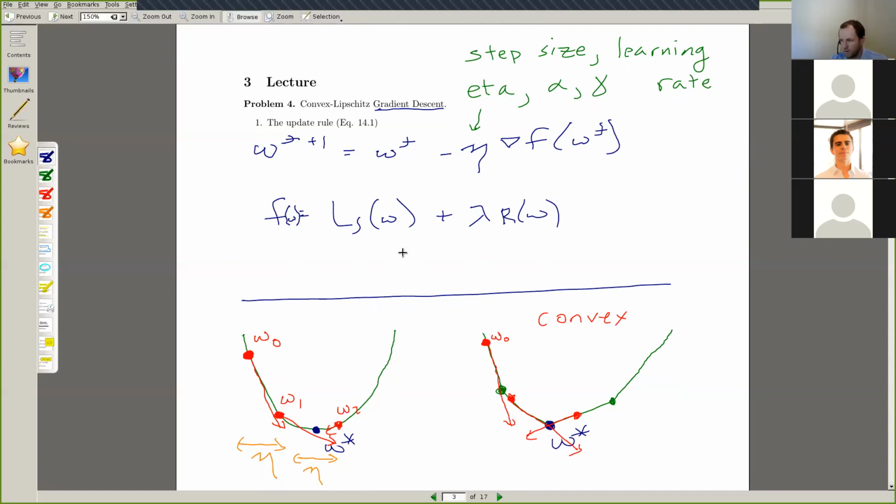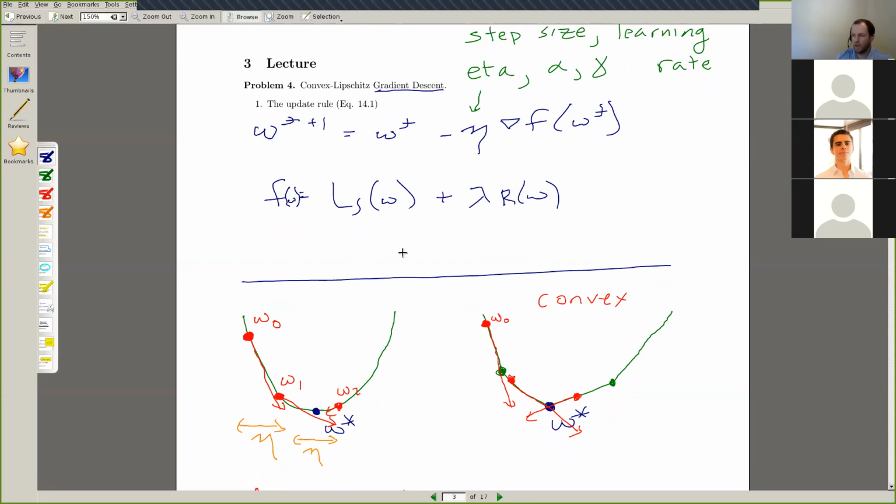Let's see. So yeah, this variable right here, it's always going to be a scalar. So this scalar right here is sometimes called both the step size and the learning rate.